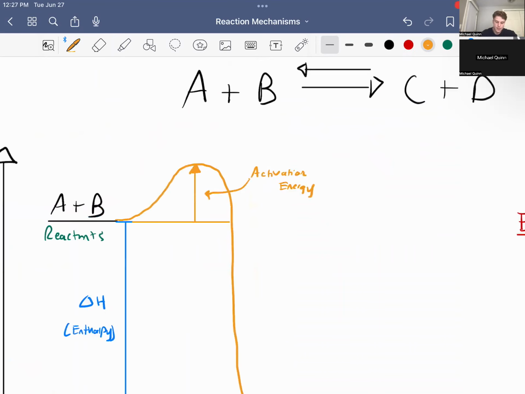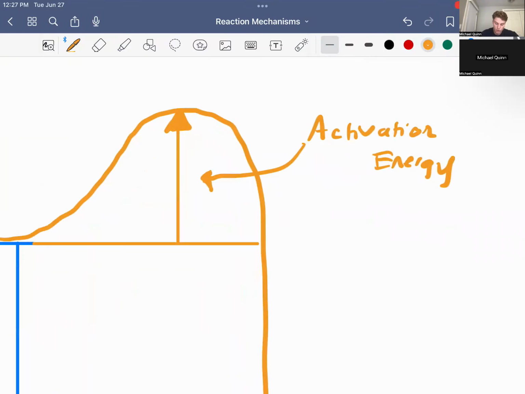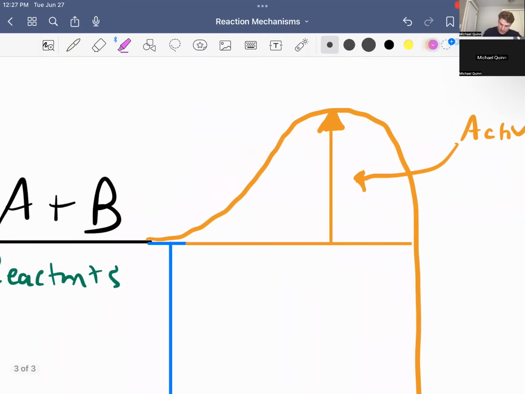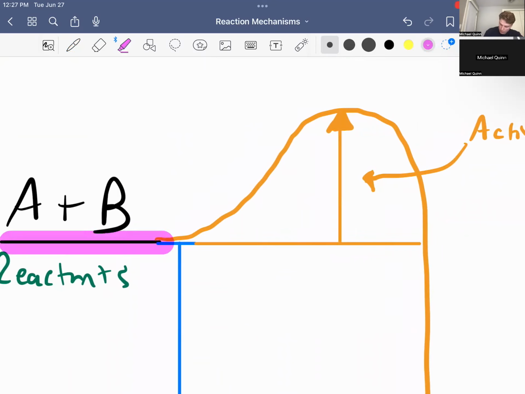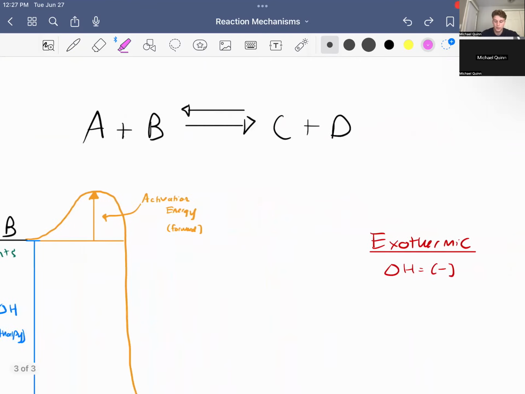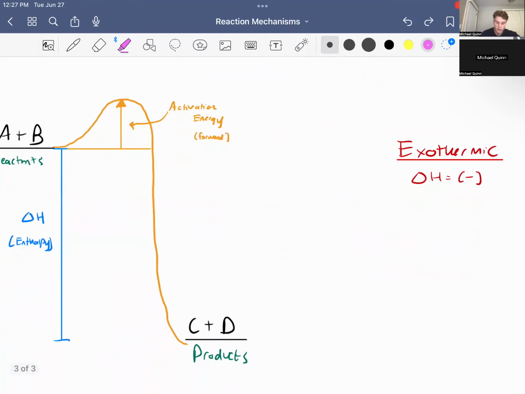Now, what we can see is that for the forward direction, meaning we're going from our reactants on the left to our products on the right, our activation energy forward is this energy value right here in order to get to the top right there. That is our activation energy forward. Now, what happens if we want to run this reaction from C plus D, our products, to our reactants?